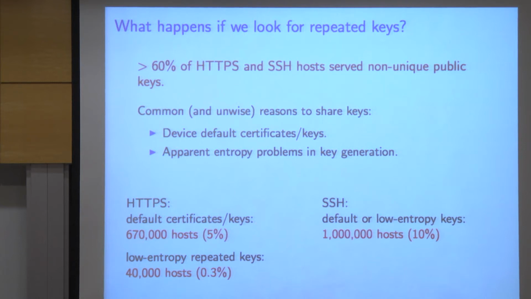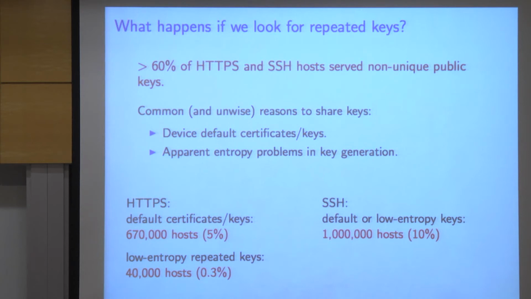And so if you could somehow do this automatically, the number would almost surely be much higher. And for SSH, we had a harder time telling the difference between default host keys and low entropy keys, but a lower bound for the number of hosts sharing keys is something like 1 million, or about 10% of the SSH hosts out there.